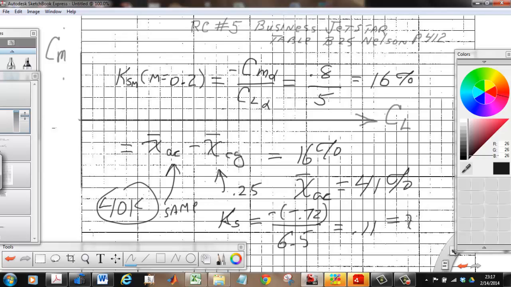And again, that equals X AC minus X CG. But since the aerodynamic center is the same at 41%, that means that the X CG would be 30%, or 0.3. So these are the preliminaries to doing the trim triangle for this problem.